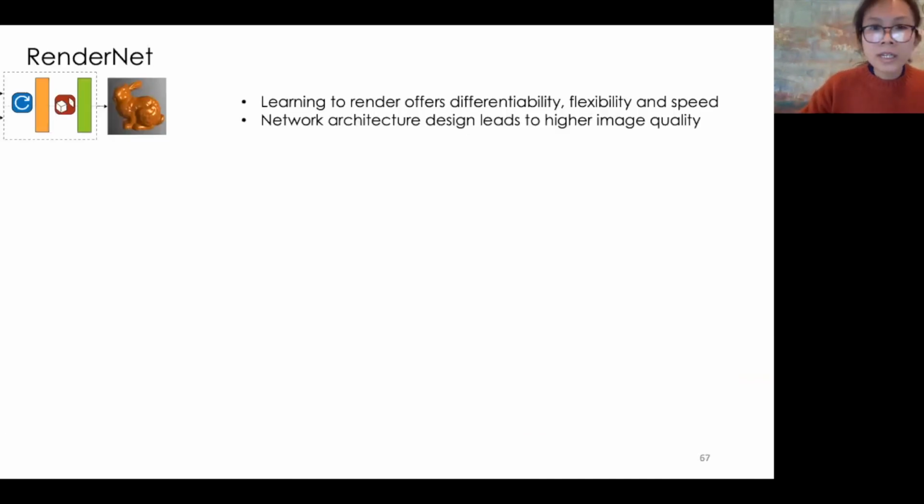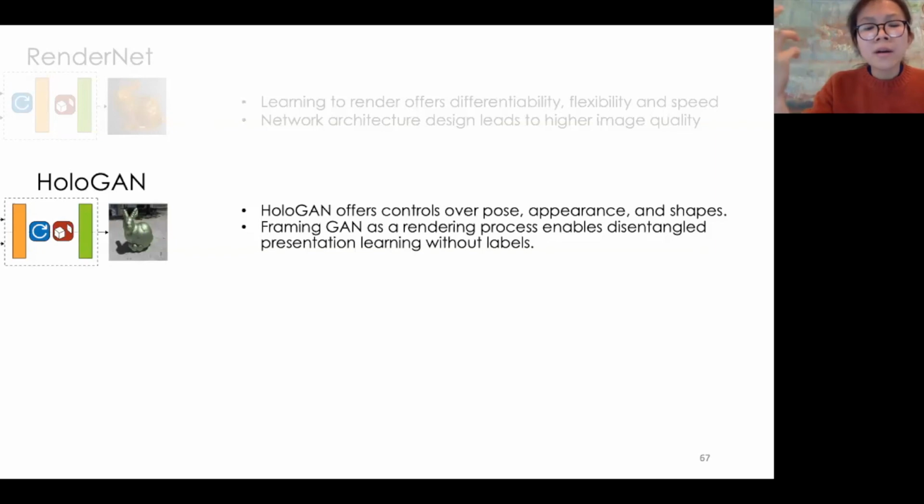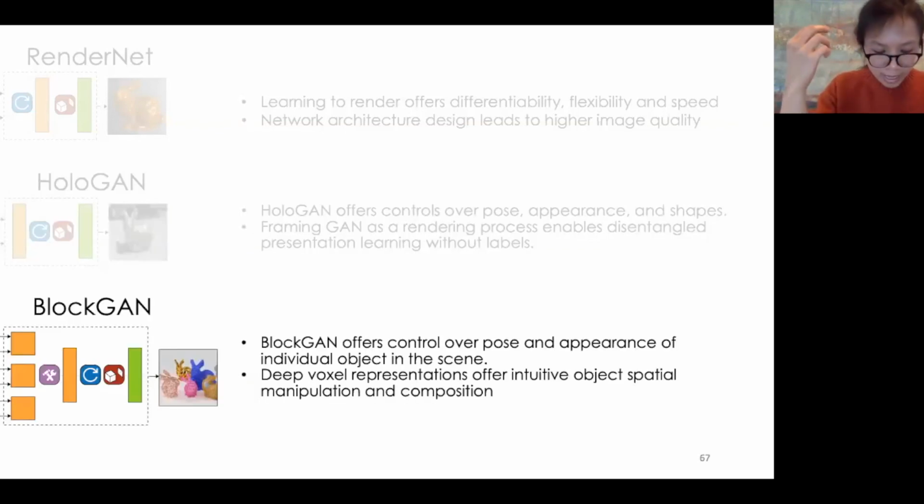We started with just thinking about how we can design a network architecture to learn rendering more efficiently. And then we started to think about how we can use that to learn a more expressive representation of the 3D world. And finally, how we can expand it further and learn a composable representation of the world, so that we can manipulate different objects and generalize the number of objects way beyond the training set.